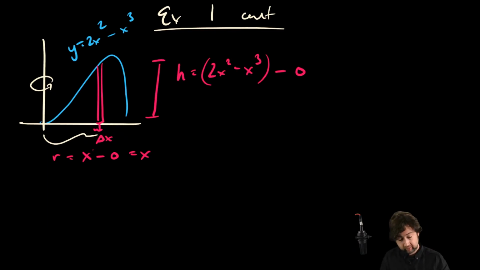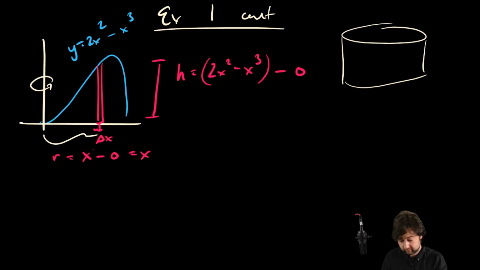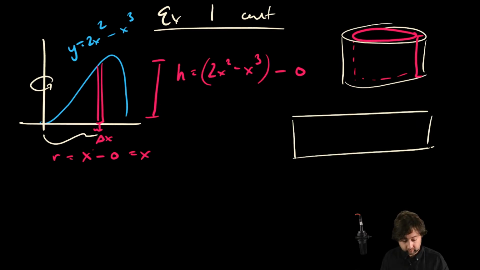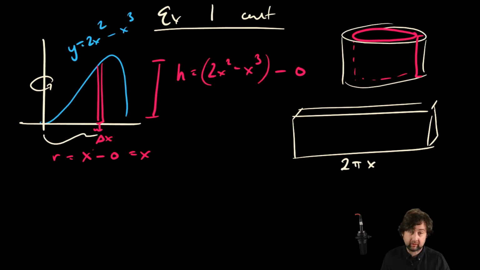If you like, what we've done is we've taken that rectangle, we rotated it. The rectangle is right here. We took that rectangle and we rotated it around the x-axis. And then we cut it and laid it out flat. And what we're saying is that the length of this rectangular parallelepiped is 2 pi x, because that's the circumference of the shell, because the radius was x.